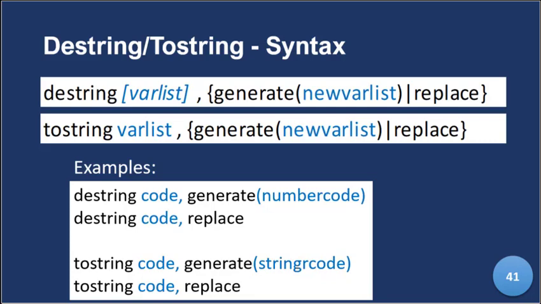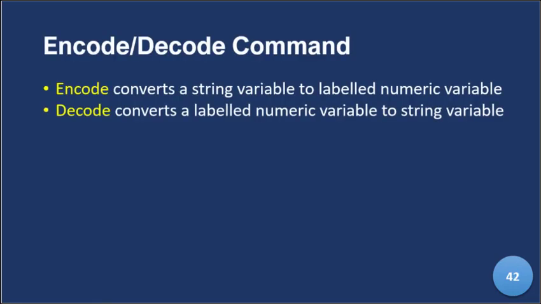Now let's move on to the next pair. So we have encode and decode. Encode converts a string variable to a labeled numeric variable. That's what we call categorical. Decode does the reverse. It takes a labeled numeric variable and converts it into a string.